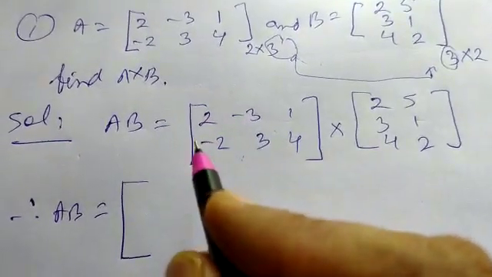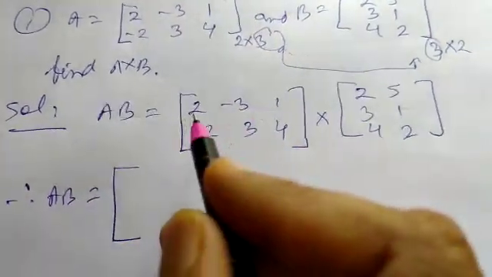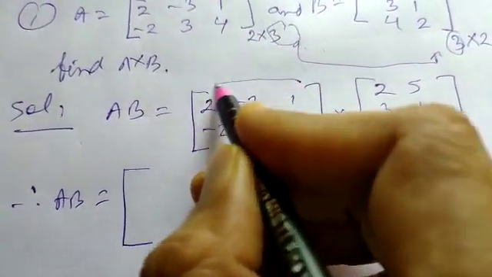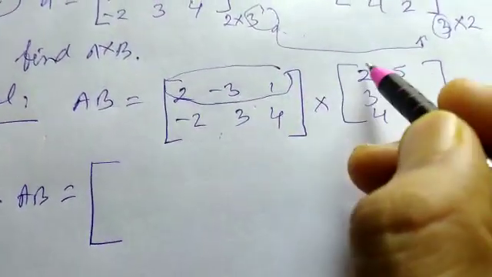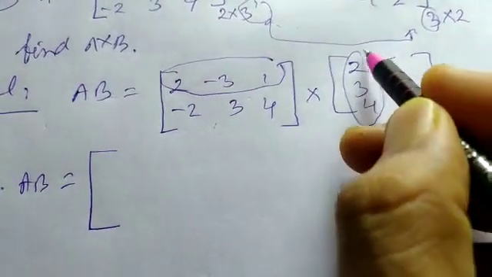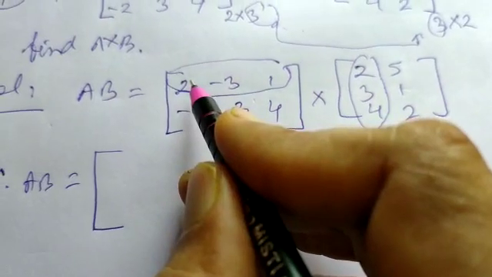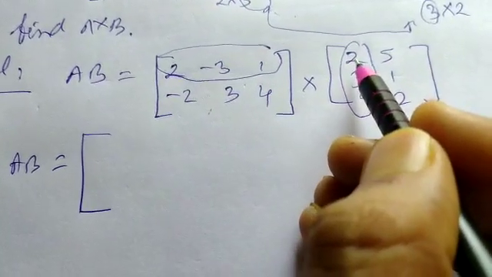Therefore AB equal to, now directly we can write, as I told you. In an earlier video I have taught you how to multiply two matrices. So what we will do is take the elements of R1 and multiply with the elements of column 1, one by one. The first element of R1 will multiply with the first element of column 1.